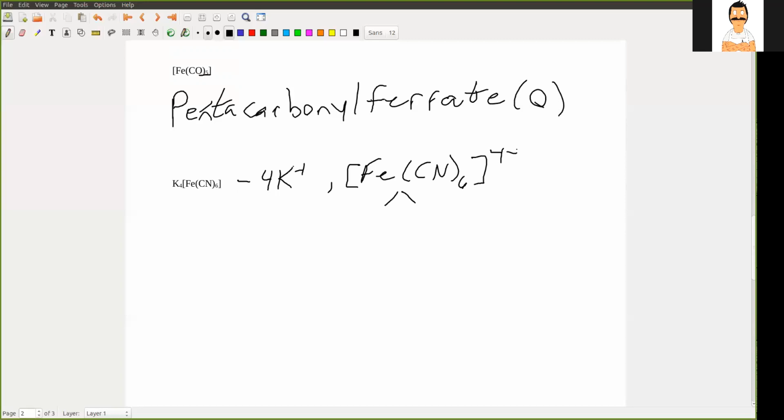And we can break this down and say we have 6 cyanides. They're each lending a -1. And so that means that the overall is -6, but we want to get to -4. So iron has to be a 2+. So that now we can name this coordination compound.